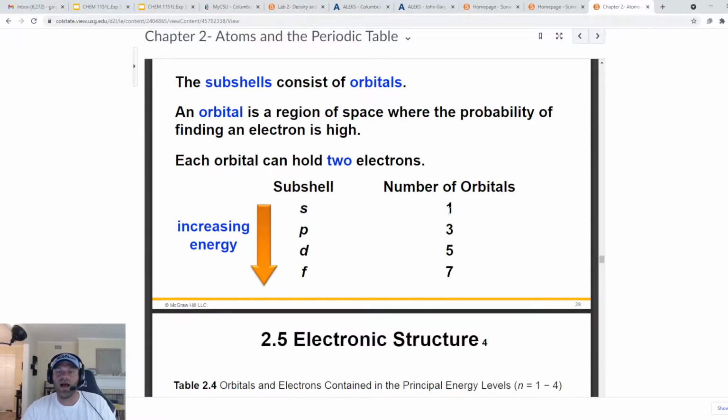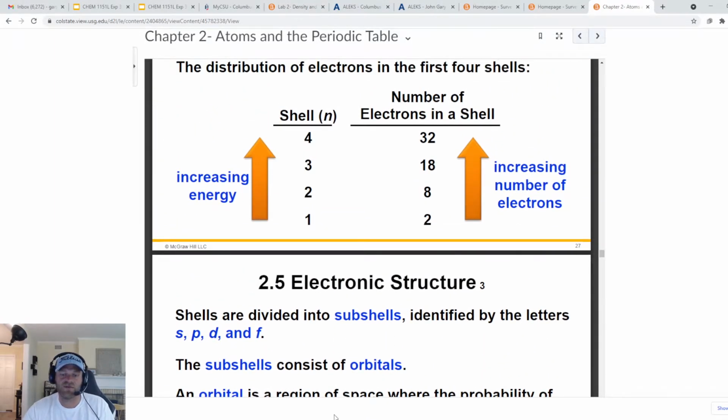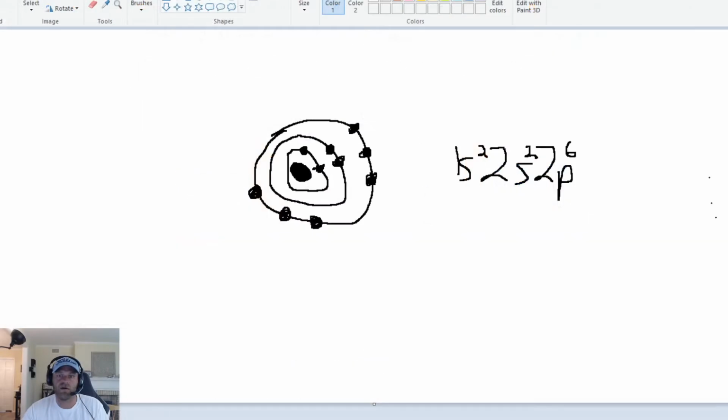So I can fit 2 electrons in every orbital, so 3 orbitals means I can hold 6 electrons, right? And that's what you see here on this diagram. I've created the p orbital for the second energy level.